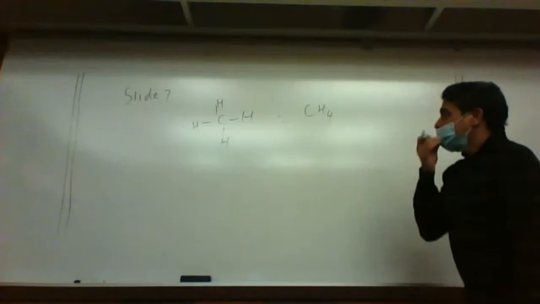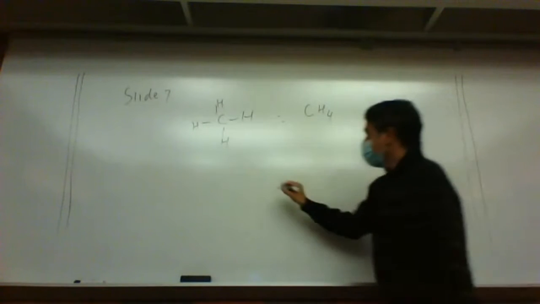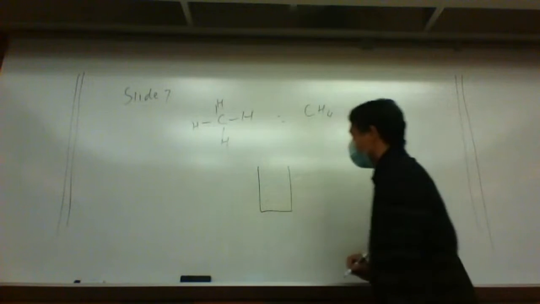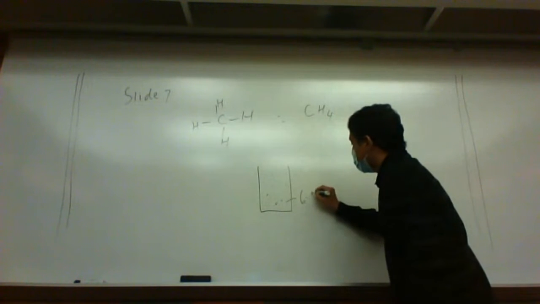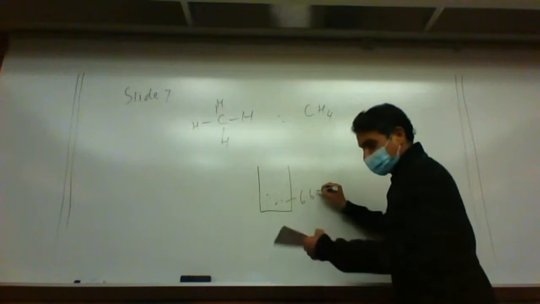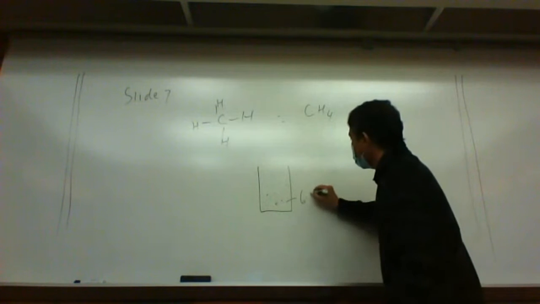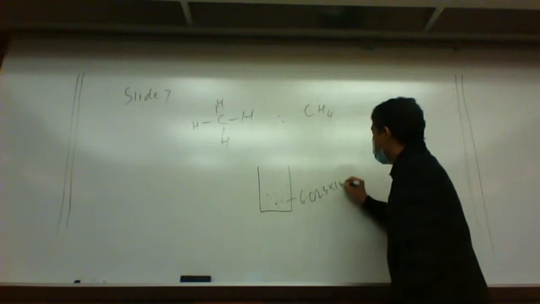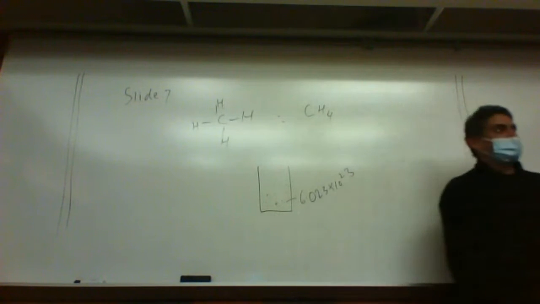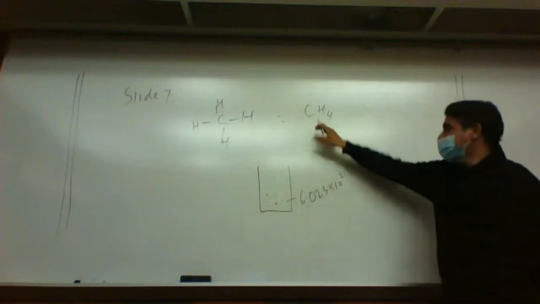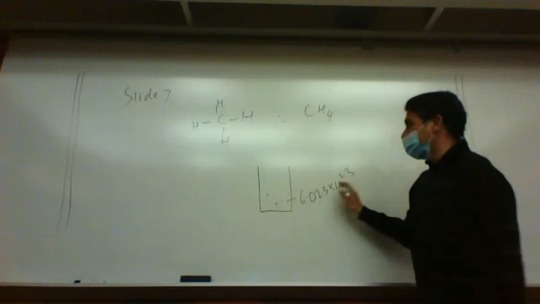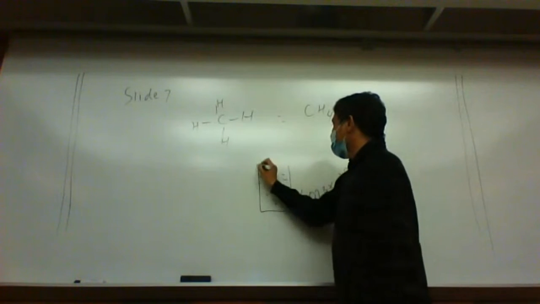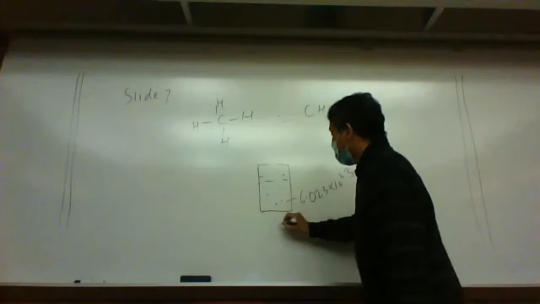Let's say this is a vessel, and you put here 1 mole, which is 6.023 times 10 to the power 23 molecules of CH4. So you put 6.023 times 10 to the power 23 molecules in this vessel, and you supply energy here.